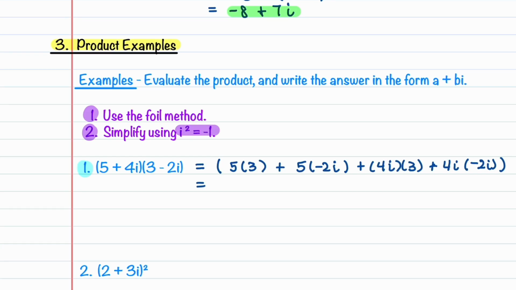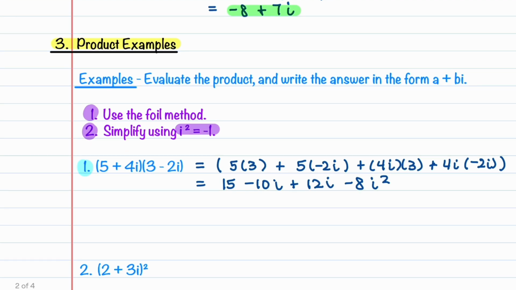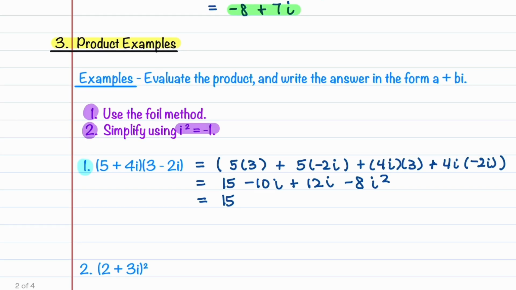Now all we have to do is simplify. This gives us 15 minus 10i plus 12i, and then we have a minus 8 times i squared. Let's now combine terms, and then we'll substitute in that i squared is equal to negative 1. We have 15, and then we have 12 minus 10, so that gives us a 2i.